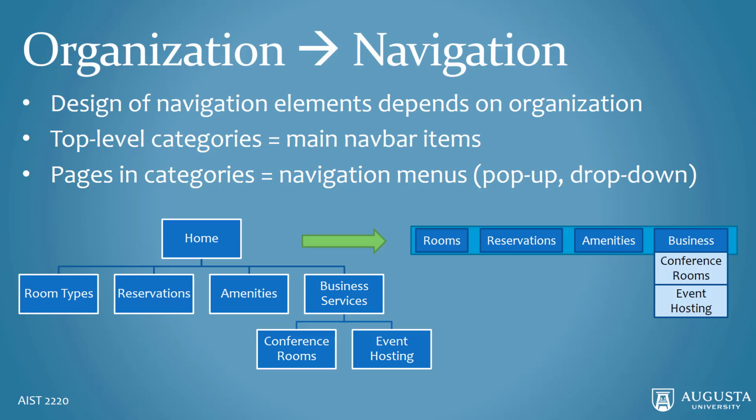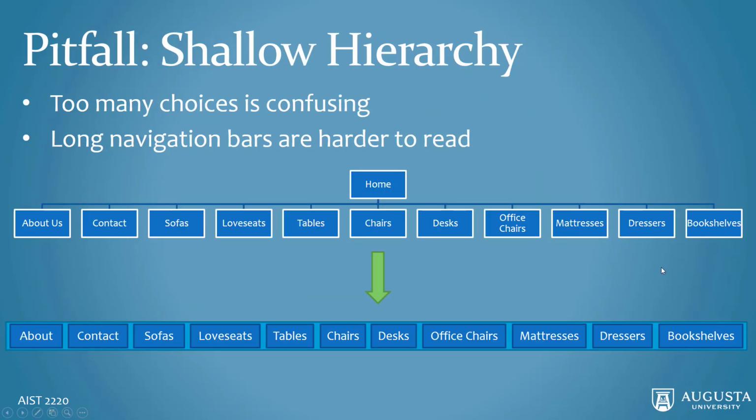This structure ensures that users can drill down into the content they are looking for without feeling lost. In short, effective organization leads to intuitive navigation, which makes it easier for users to interact with the site seamlessly.